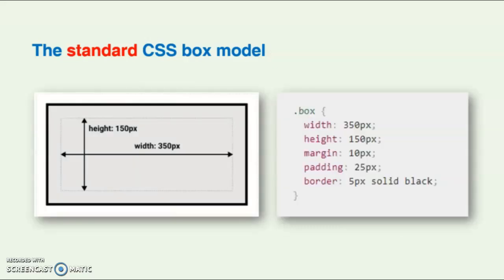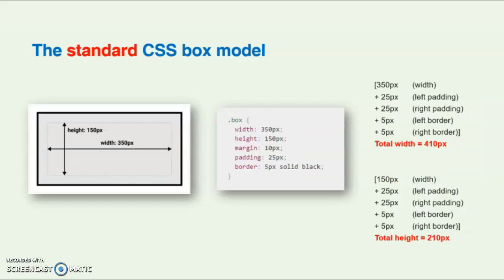Let's assume that the box has the following CSS defining width, height, margin, border, and padding. The space taken up by our box using the standard box model will actually be 410 pixels of the total width, and the height 210 pixels, from the sum of 150, 225, 25, 5, and 5, as the padding and the border are added to the width used for the content box.